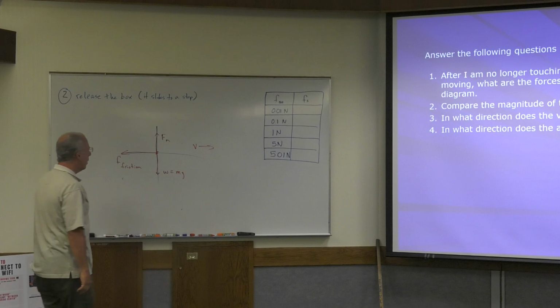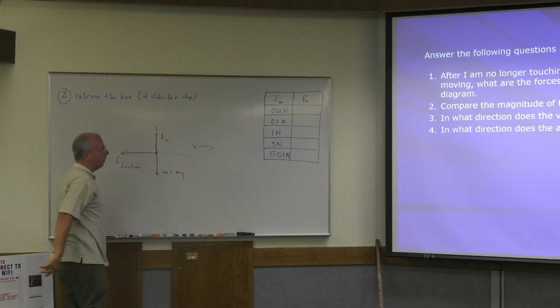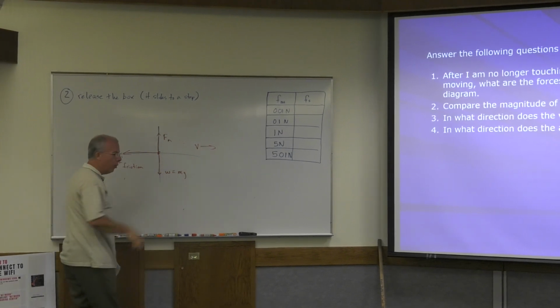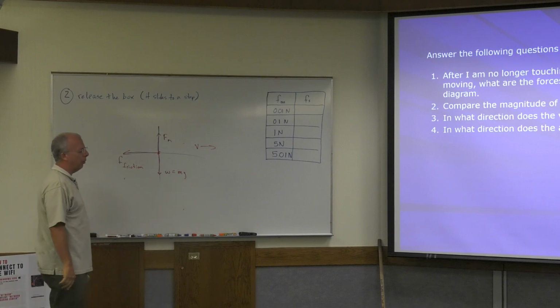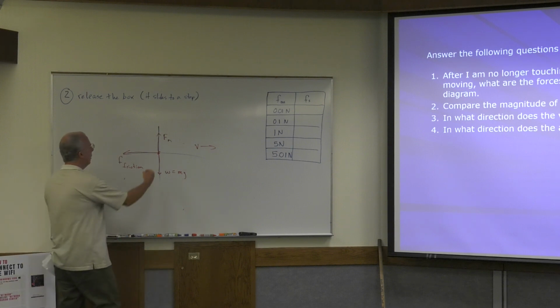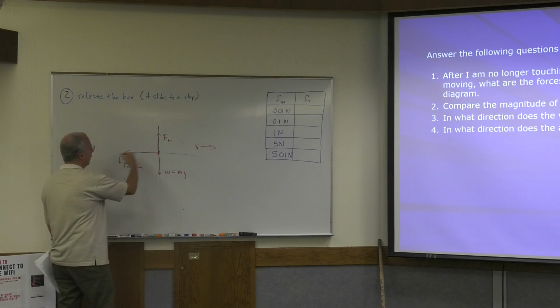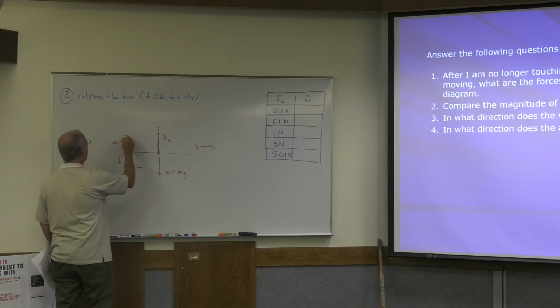Compare the magnitude of the vertical. There's no acceleration along the vertical, so that magnitude equals that magnitude. In what direction does the velocity vector point? The way it's moving. In what direction does the acceleration vector point? That's a good question. There's only one horizontal force, and so F equals ma, so the acceleration is that direction.